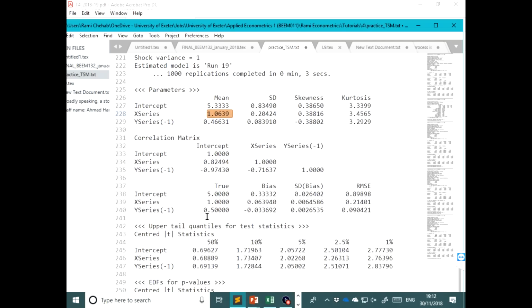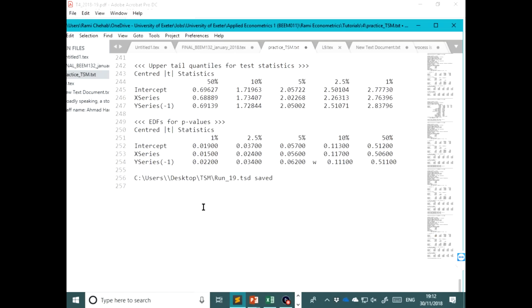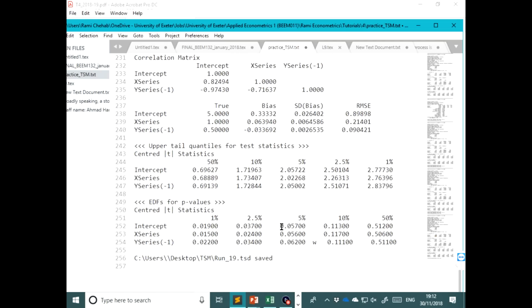This is X series. And the p-values are given, as you see now that we are very close to the true parameter. We can see that the p-values are very close to the true p-values of the test. You can see for all the experiments, the p-values should be very close to that of the 5%.